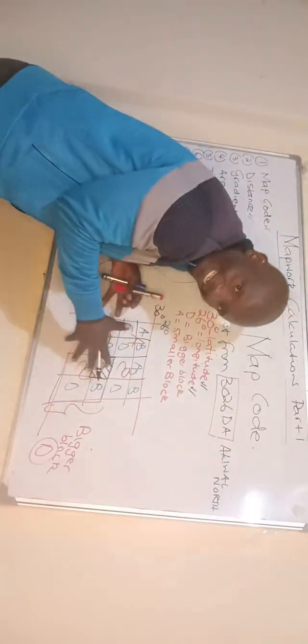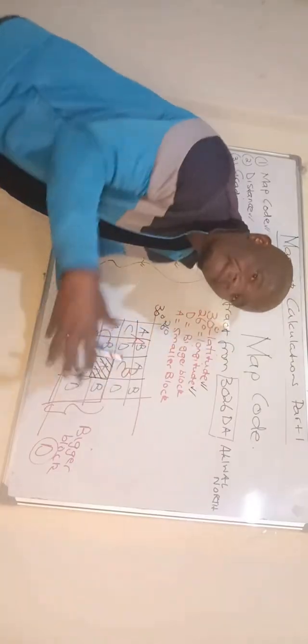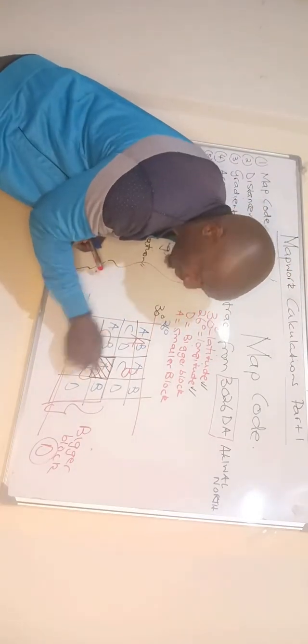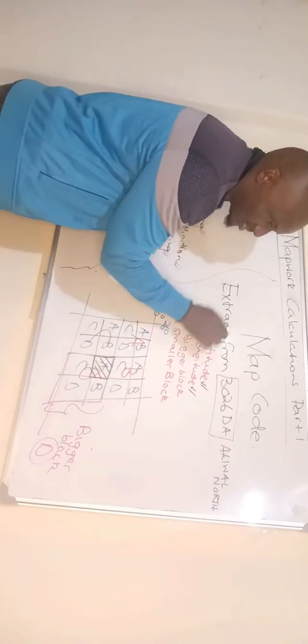So this map that we have of Alwal was extracted from a bigger map, and the only part that is shown is this that I have shaded in black. That's why it's written extract from 3026 DA Alwal North.